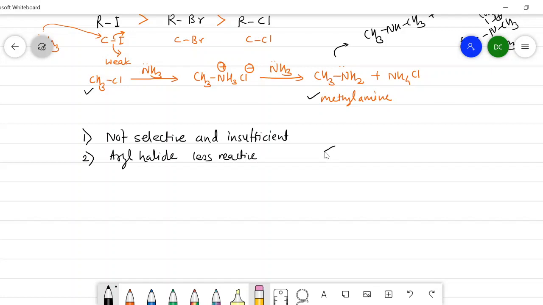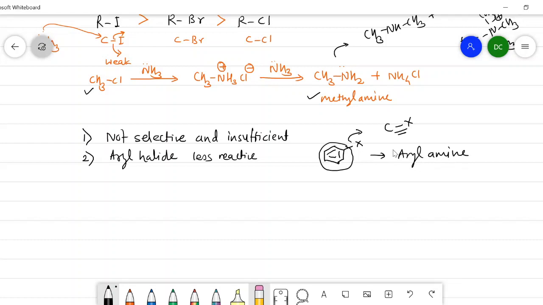If we take the aryl halide, the structure of aryl halide is like this, RX, and there is a breaking of the carbon-halogen bond, no doubt, but this carbon is the carbon of the aryl ring, and we know that it doesn't undergo a nucleophilic substitution reaction easily. That's why aryl halides are less reactive. Therefore, it is not easy to prepare aryl amines from the ammonolysis reaction. These are the two disadvantages of the ammonolysis reaction.